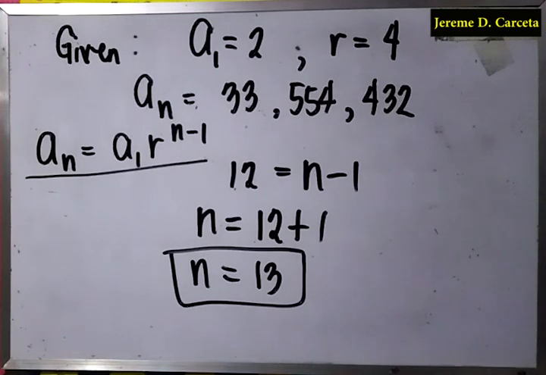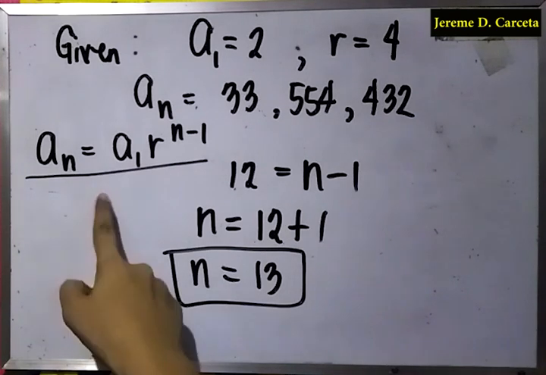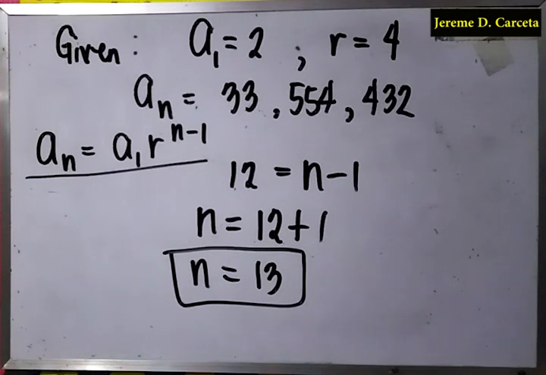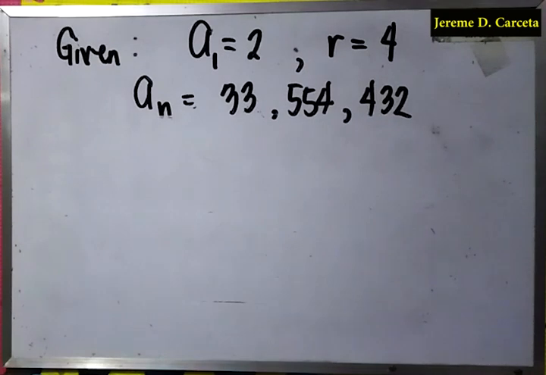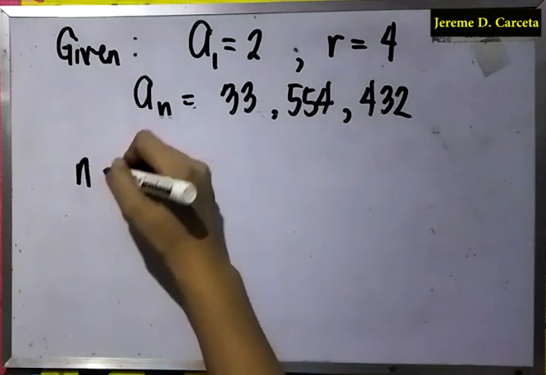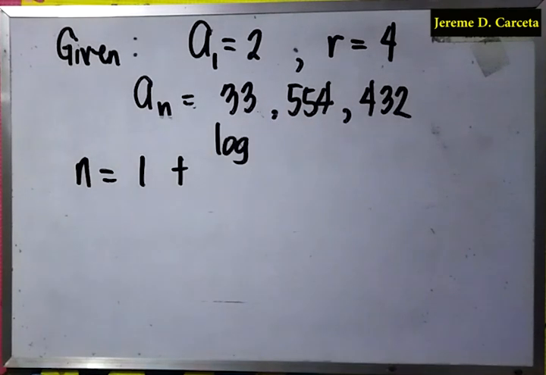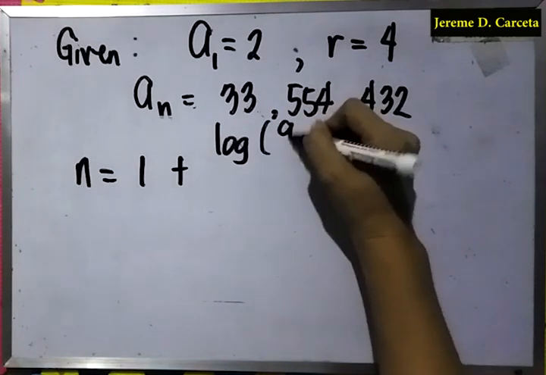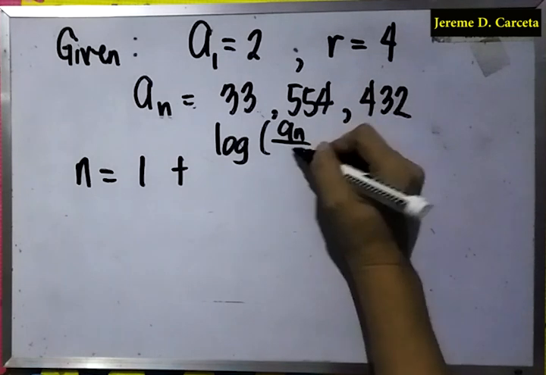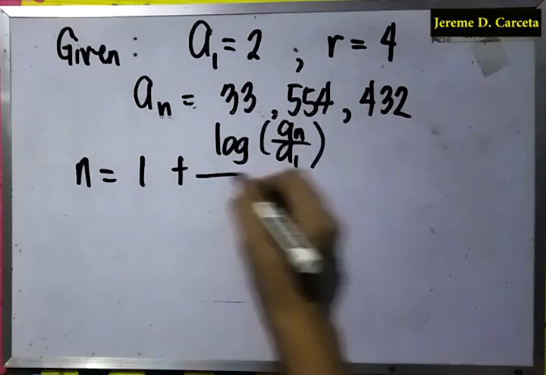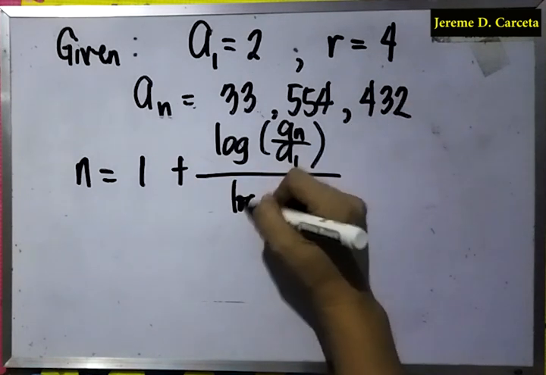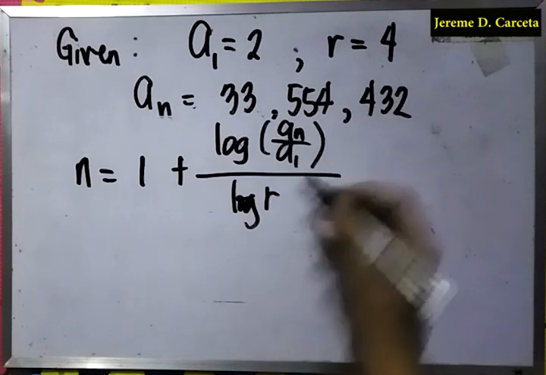Okay, let's have another solution. As we derive the formula from the general formula, let us observe if our n is really equal to 13. So we will now have the formula of n equals 1 plus the logarithm of a sub n over a sub 1, all over logarithm of r.